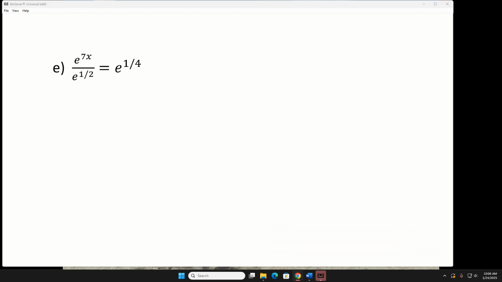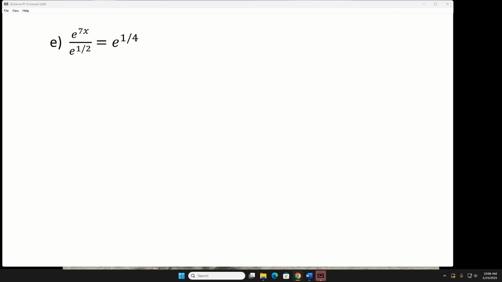All right, and then E is a little different. I added these to Brian Passwater's notes because I saw a question like this that I would want you to do. And the only thing that makes me nervous about it is the fractions. And this would be on the non-calculator part. So all my bases are E, but do you think I can just set the exponents equal? No, not right now.